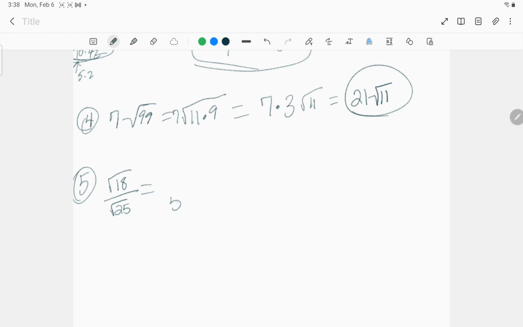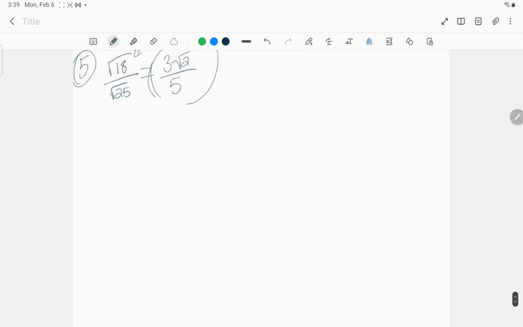What is the square root of 25? It's 5. All right. What are factors of 18? 1 and 18, 9 and 2. So 9 is a perfect square. The square root of 9 is 3 times the square root of 2. All right.